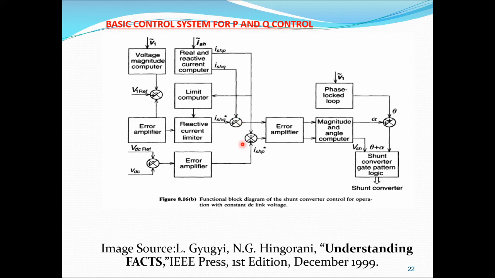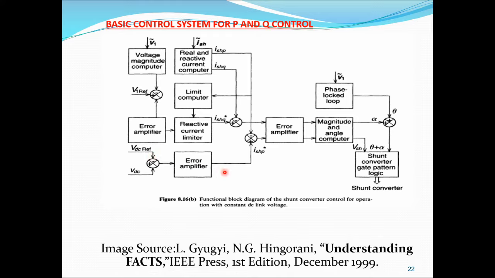Give it to the summation block. From that, the error amplifier. From that, I would like to make real and reactive power, and from that the angle alpha and ISH. In terms of voltage, I would like to give it to the shunt converter gate pattern logic, and finally to the shunt converter. The references for this part are VDC reference and VDC actual.